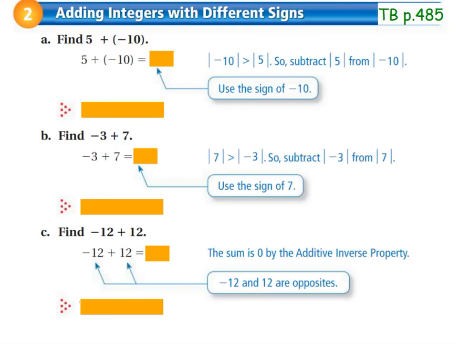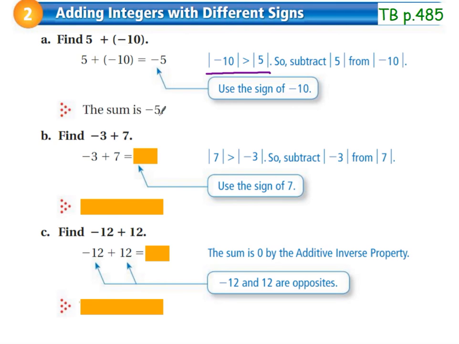Okay, so let's take a look at a few examples of adding with different signs. When I add 5 plus a -10, we know that the absolute value of -10 is greater than 5. So we're going to subtract 5 from 10. When I subtract, my answer is 5, and then I need to keep the negative from the 10 because it had the bigger absolute value.